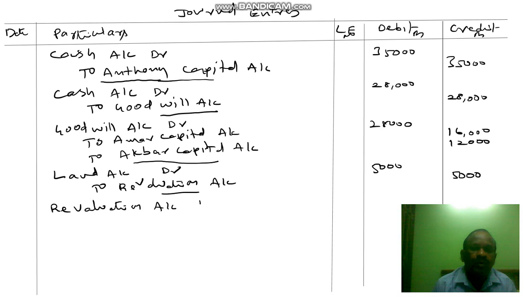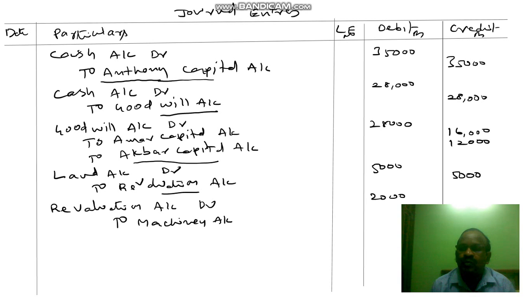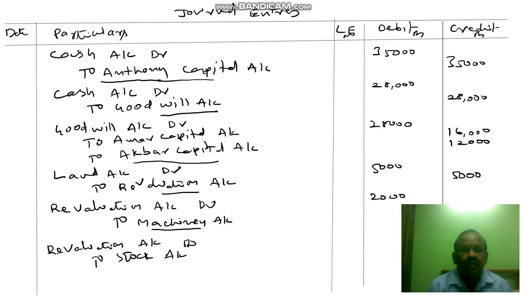Revaluation account debit to machinery account, that is 2,000. Next is stock account. Stock is also decreasing. Here the revaluation account debit to stock account, the amount is 2,400.